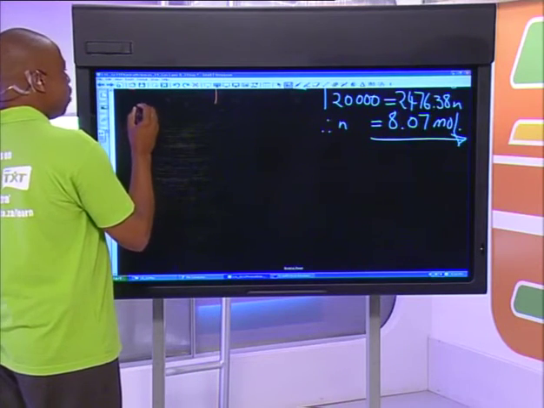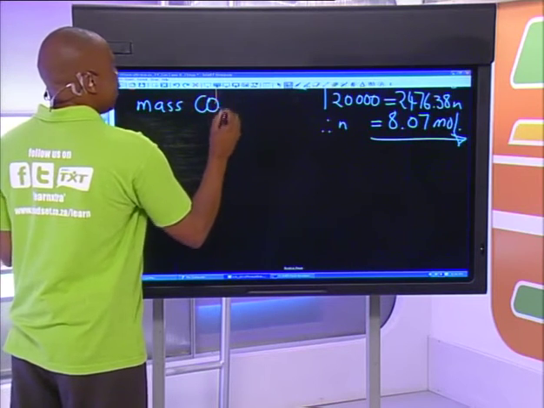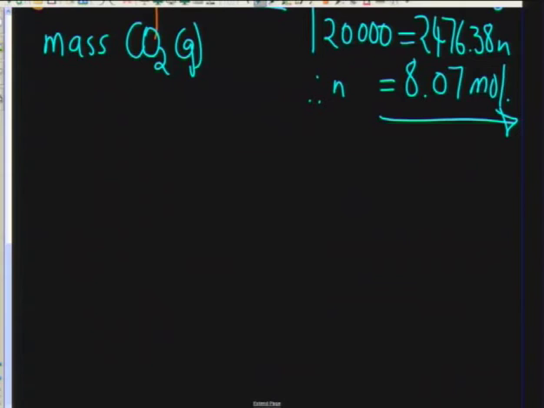Remember, for number B, you are to get the mass of carbon dioxide gas inside that container. How do we do it? From here, we will say, all right, number of moles is also given as the mass of a quantity divided by the molar mass. Remember, capital letter M means molar mass.